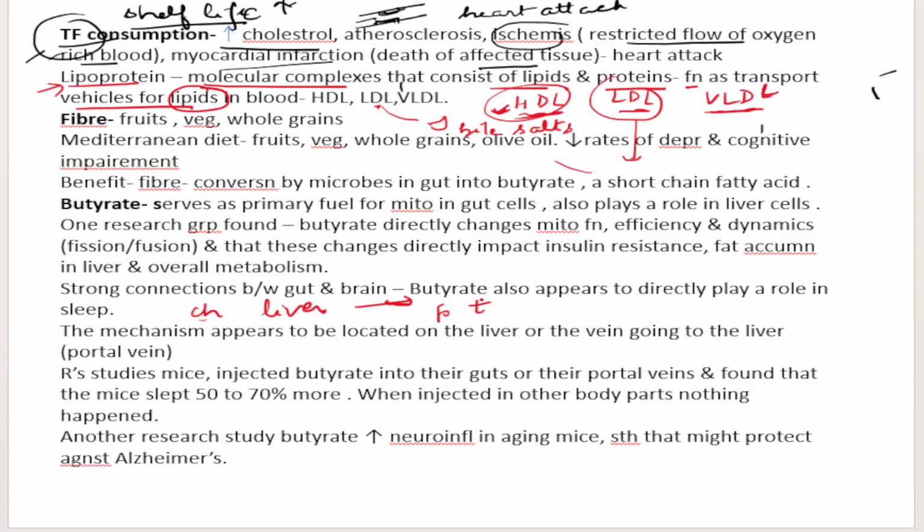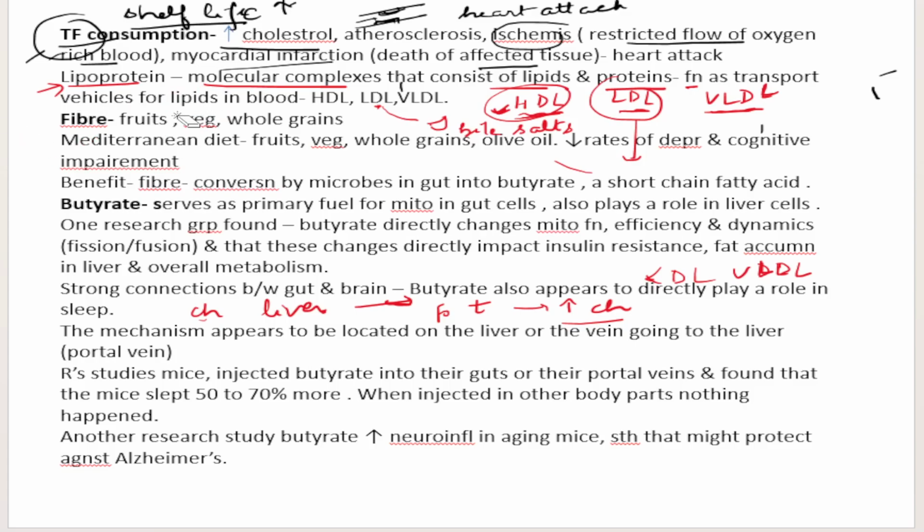And this is going to increase the cholesterol in the peripheral tissues. It is going to increase cholesterol deposition in the arteries, and this may lead to heart attack. So LDL and VLDL are not good for metabolic health.